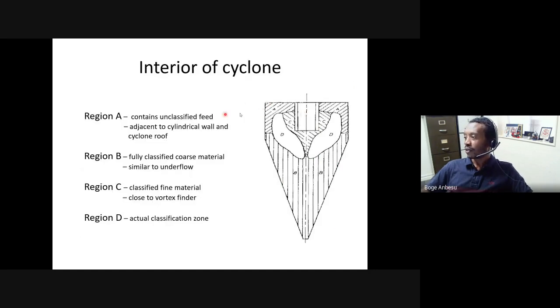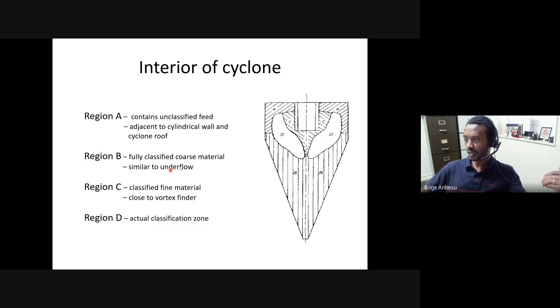Feed goes in initially unclassified, but as it goes down, because you're constantly feeding, particles are constantly coming, so whatever entered the cyclone will be pushed down and more feed will come in. So this is a continuously operating process. As particles go into the middle of the cyclone, forces will act on them, and the solids that are larger will be dragged to the wall of the cyclone, and eventually they will make their way down the cyclone and exit here.